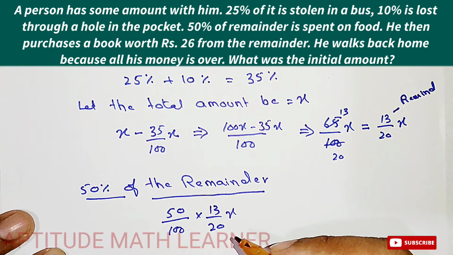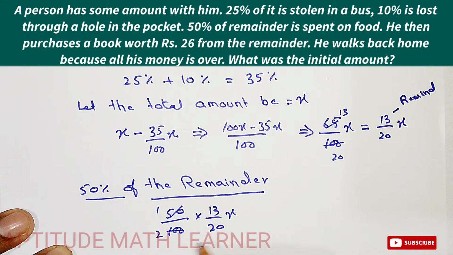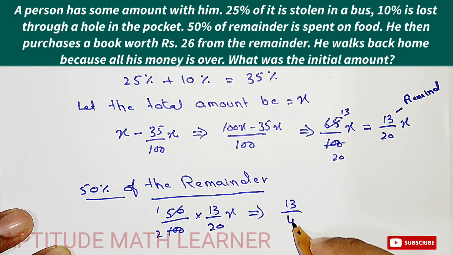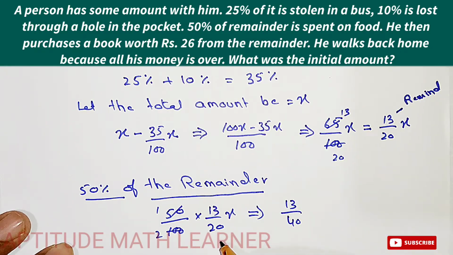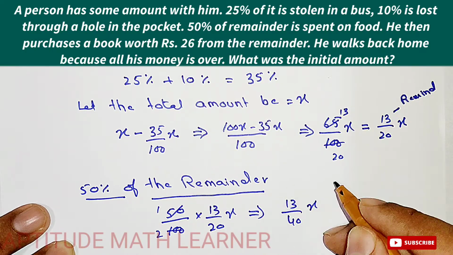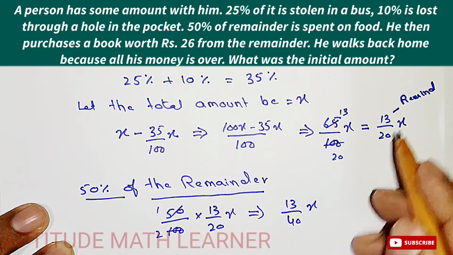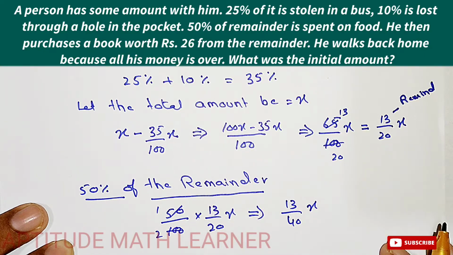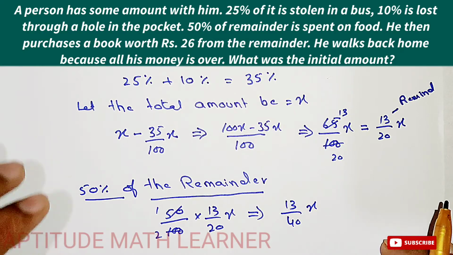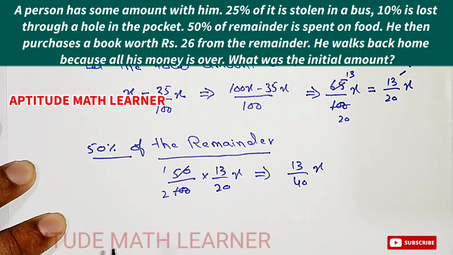After the calculation we get 13 divided by 40x, since 2 multiplied by 20 is 40. So this is the 50% of the remainder. Now how much is remaining after taking out 50%?